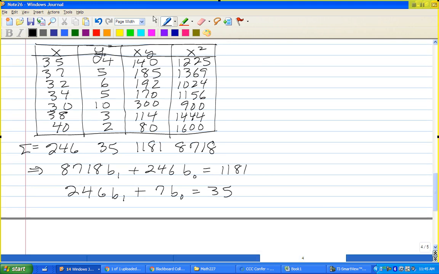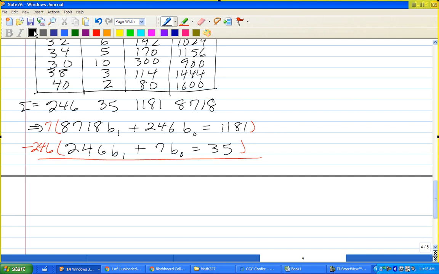I can just multiply the first equation by 7, the second equation by negative 246 to get rid of the B0, and I'll solve for B1.